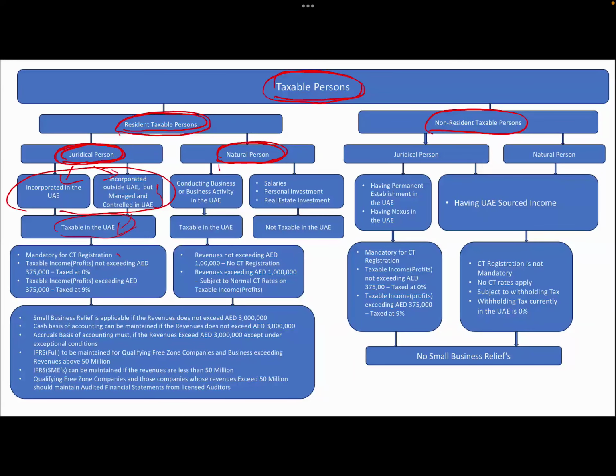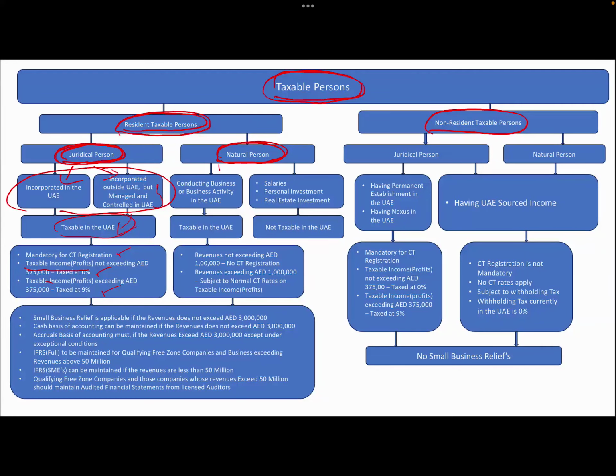They should first register for corporate tax. Second thing, once they register for corporate tax, their taxable income profits are subject to tax. Again, we have already learned any taxable profits not exceeding 375,000 are taxed at 0%. Taxable income profits exceeding 375,000 are taxed at 9%.